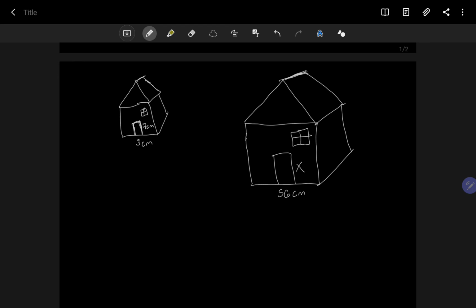I know this is proportionate to the bigger one, so I can set them equal to each other: how tall it is over how wide it is, equal to how tall it is on the other one over how wide it is.